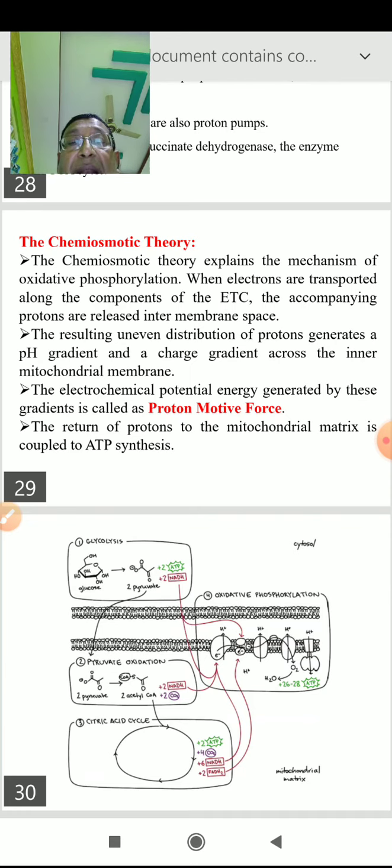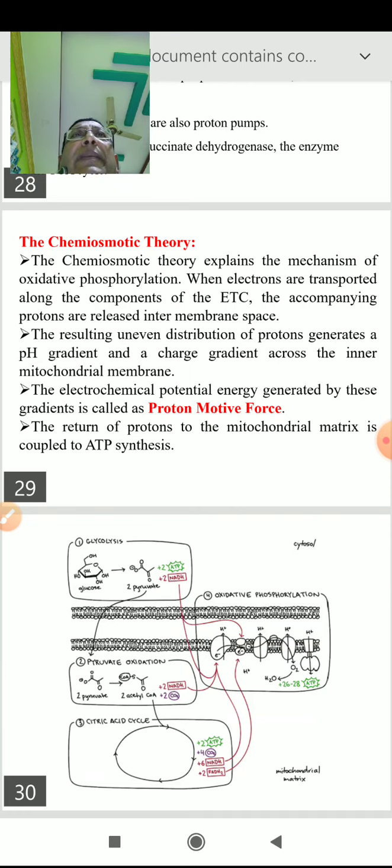Now when these hydrogens are transported from the M side to the C side, ionic differences are created: outside becomes positively charged and inside becomes negatively charged. As a result, there is a phenomenon popularly known as the chemiosmotic theory. The chemiosmotic theory explains the mechanism of oxidative phosphorylation. When electrons are transported along the components of the electron transport chain, the accompanying protons are released in the intermembrane space, in between the 2 membranes.